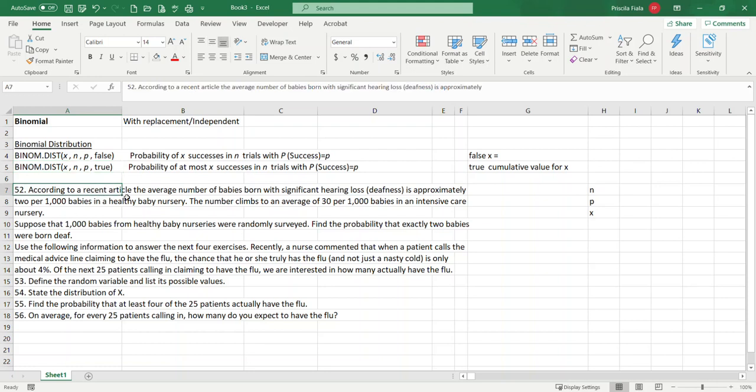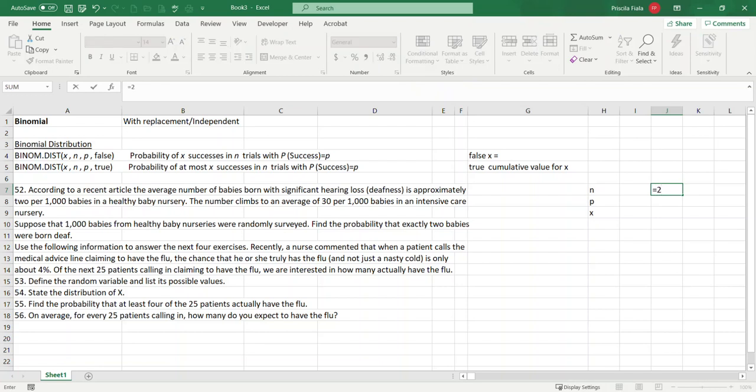According to a recent article, the average number of babies with significant hearing loss is approximately 2 per 1,000 babies in a healthy baby nursery. So right here it's telling you you have 2 in 1,000 babies.